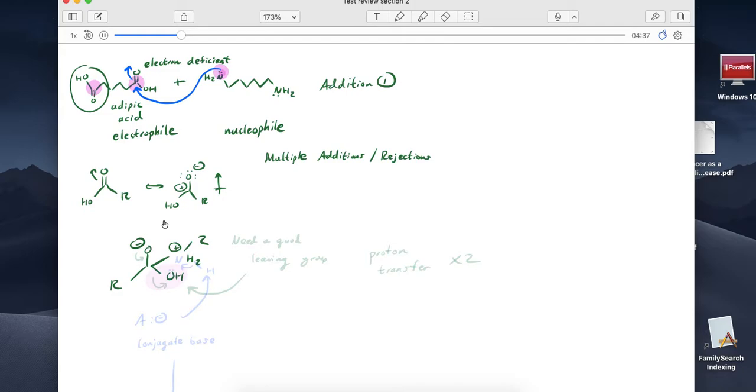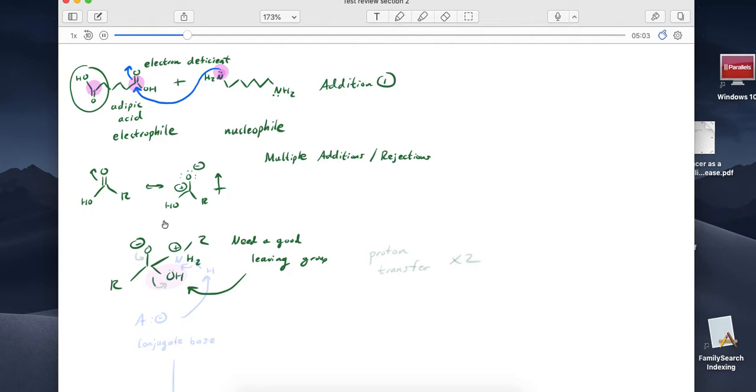So we have that, but the trick is we're somehow going to need to get a good leaving group out of this. And we'll get that good leaving group from turning this OH group into OH2 plus. Can you explain why OH is not the leaving group?